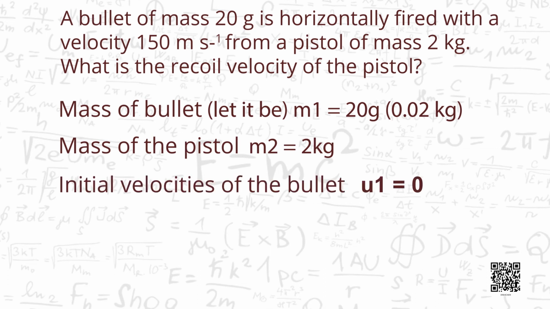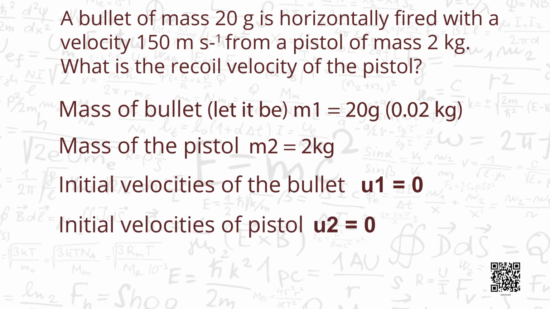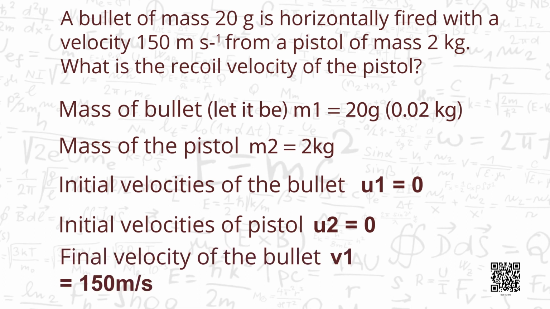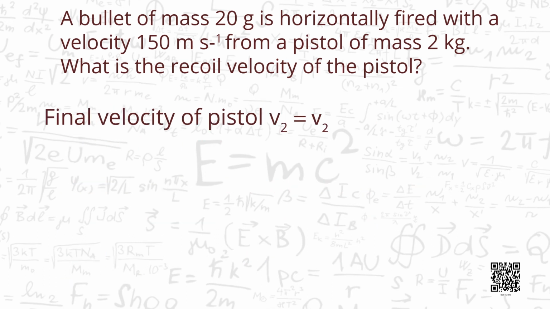Let the initial velocity be u1, and in this case, the initial velocity of the bullet u1 is equal to 0 and the initial velocity of the pistol u2 is also 0. After firing the bullet, the final velocity of the bullet v1 is equal to, as given above, 150 meter per second, and we have to find the recoil velocity of the pistol. Let the final velocity of the pistol v2 be v.